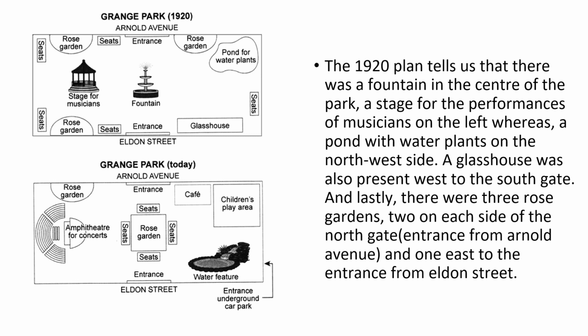The glass house, I think, should be to the right of the south gate, or maybe you can say east to the south gate. So in general, this paragraph is alright, but quite unfortunately, the student has got the directions mixed up, which will cause some loss in marks as well.